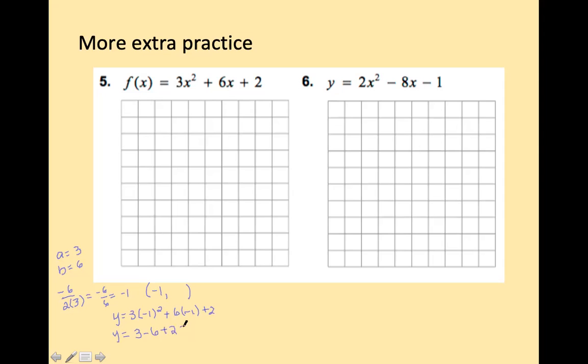And I'm going to keep simplifying. 3 minus 6 is negative 3. Negative 3 plus 2 is negative 1. So my vertex is negative 1, negative 1. All right. This is also positive, so I know my parabola opens up. I have that my vertex is at negative 1, negative 1.